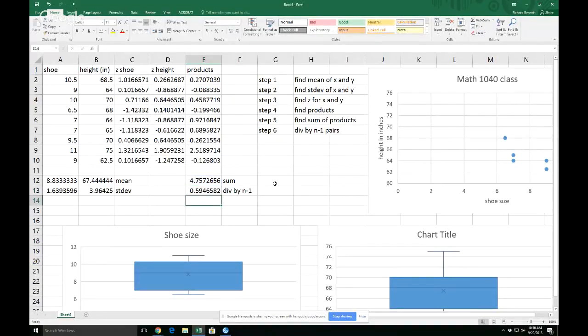So we would say 0.59 is how strong of a correlation? Moderate. Yes. Are we doing the n minus 1 because it's a sample? Yes. You always do that. It's always n minus 1. Generally, when you're doing this, it does come from a sample. And that's a good way to think of it. It's n minus 1 because it is a sample, and it will always be a sample.